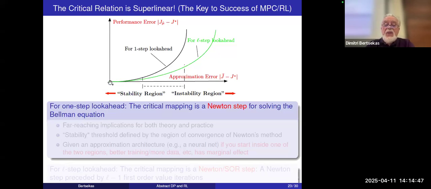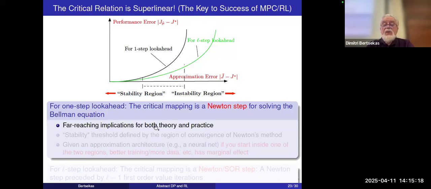So there is some region near the optimum where even substantial approximation errors make hardly any difference on the performance error. On the other hand, there's another region where the performance error is catastrophically large. And this is the curve for one-step look-ahead, and there's another curve for L-step look-ahead.